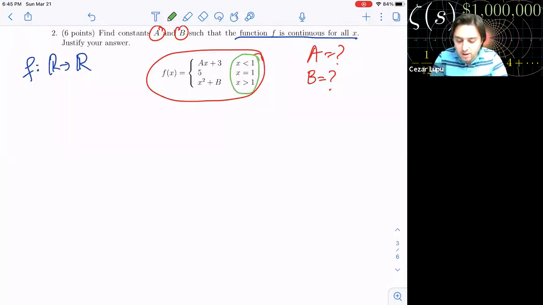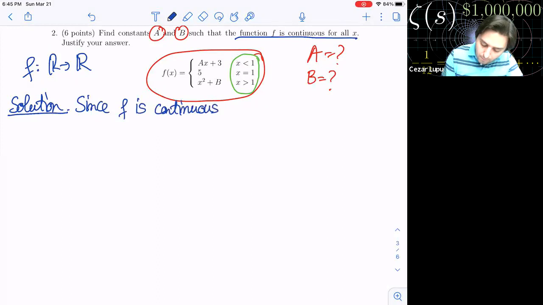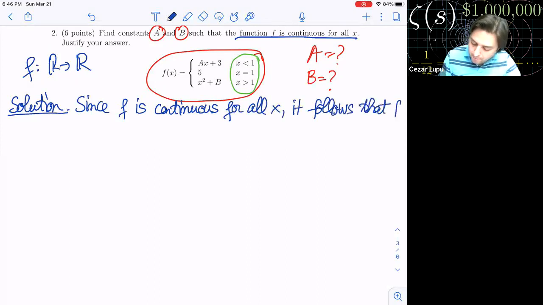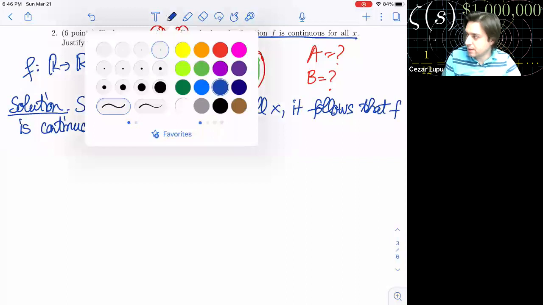X equals, what do you see in common here? 1, exactly. So since f is continuous for all x, let's write this. For all x, it follows that f is continuous at the point x equals 1. So let's keep that in mind.